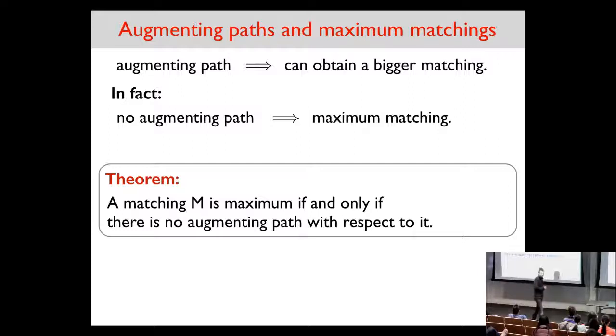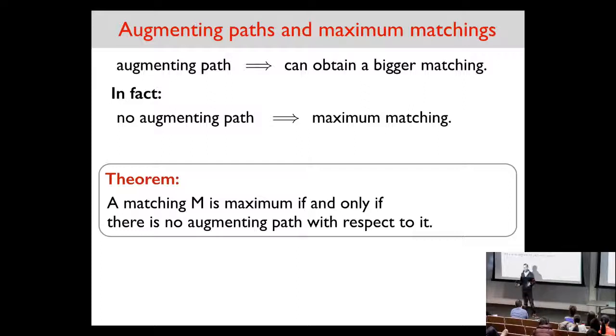Every time you find an augmenting path, you augment the edges until you can't find one. You can start with basically one edge. That's a matching. Find an augmenting path with respect to that matching. Augment it, make it bigger, and then you have a new matching. Then find another augmenting path with respect to that matching.